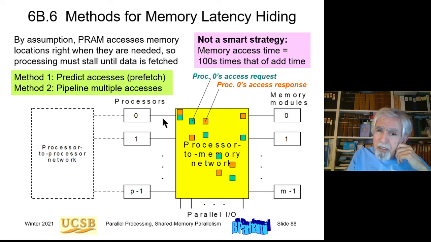On every clock cycle, a new access request can be sent, and after an initial latency, which is basically the pipeline delay going forward and going back, it will start receiving replies to those requests, and therefore this hides the memory latency to some extent.